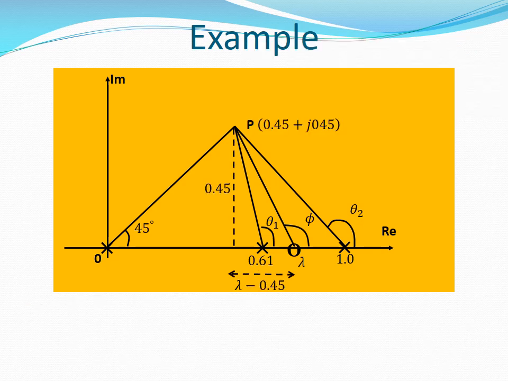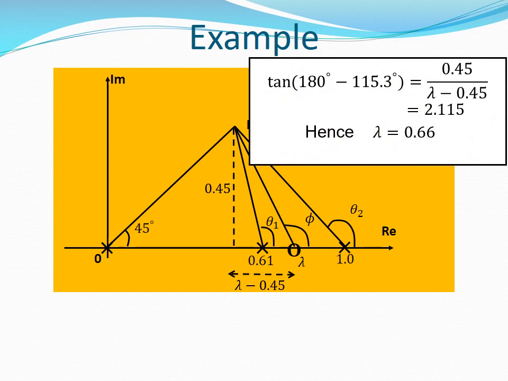Now we want to obtain lambda, which is the point at which the zero of the controller is located. We use the same approach as the one used to get the values for theta 1 and theta 2. However, in this case, instead of obtaining an angle, we are obtaining the value lambda.